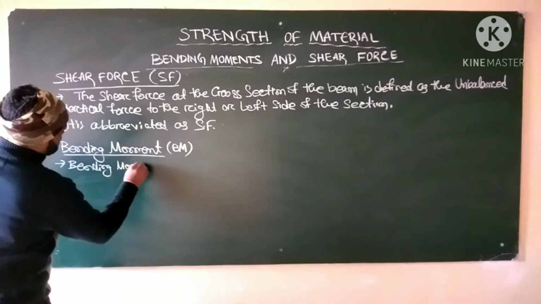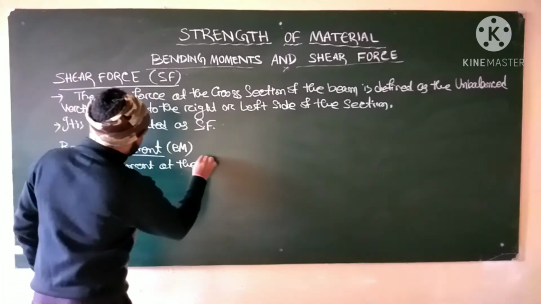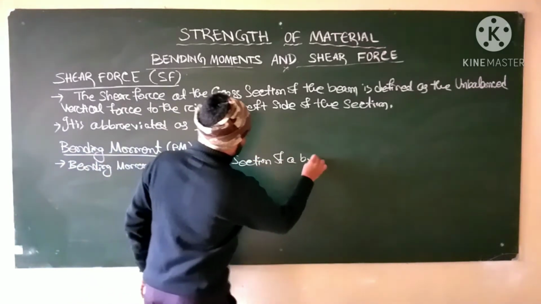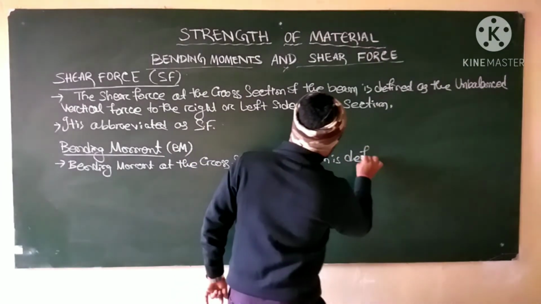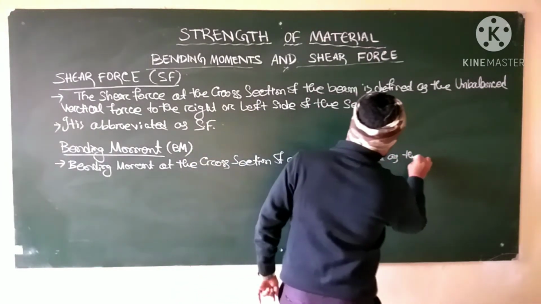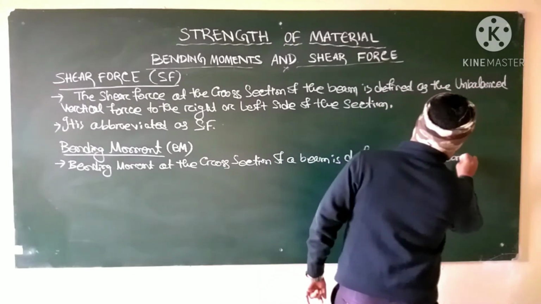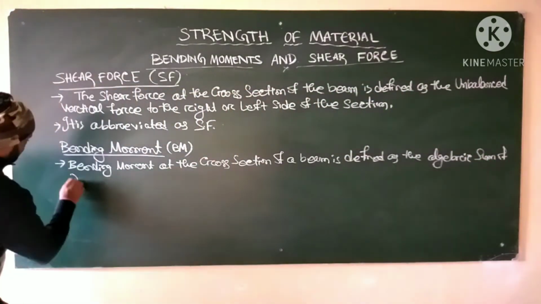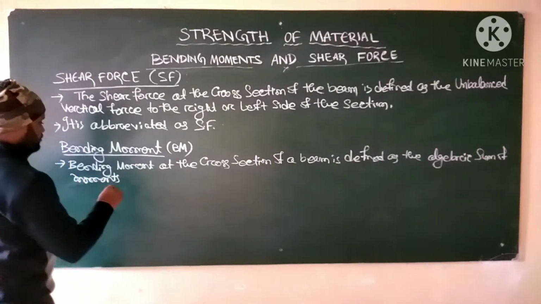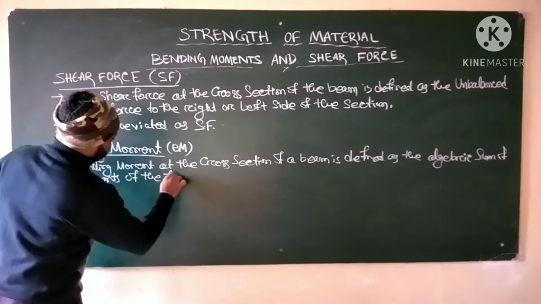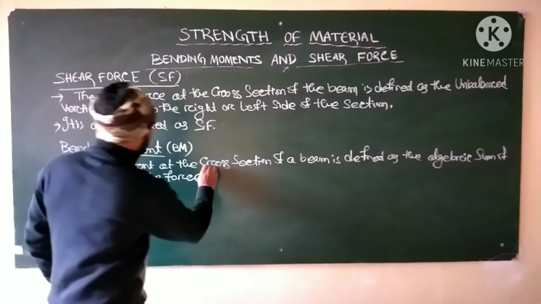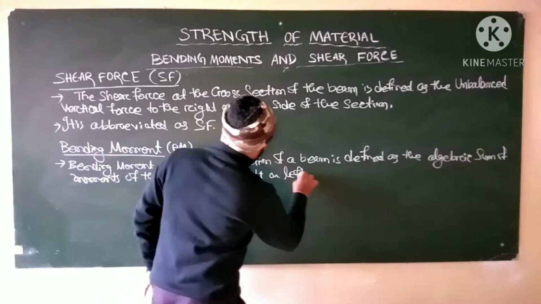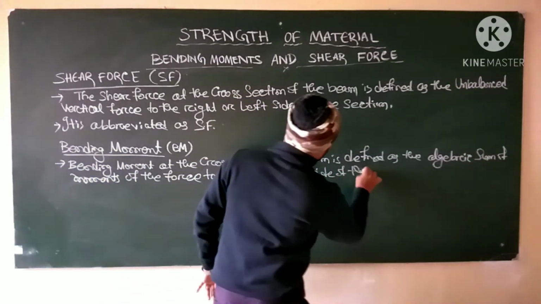So the bending moment at the cross section of a beam is defined as the algebraic sum of moments of the force to the right or left side of the section.